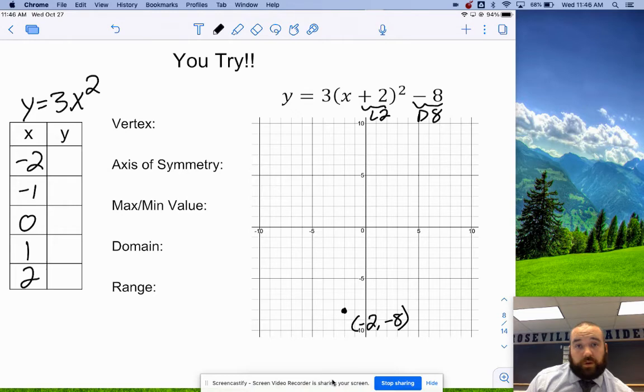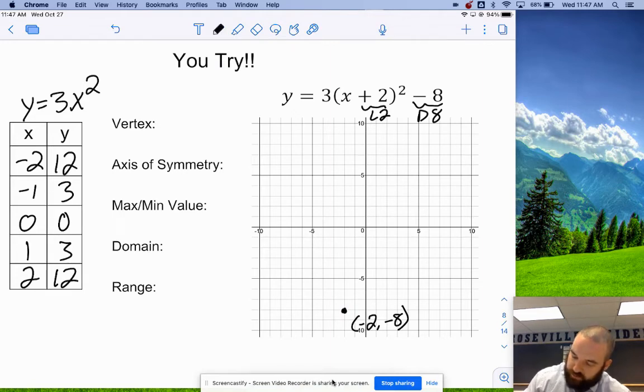To fill out the y coordinates, the equation tells me y is just 3 times x squared. So square it times 3, square it times 3, and so on for each value. Now I'm going to graph those coordinates, but again, this is my new 0, 0.